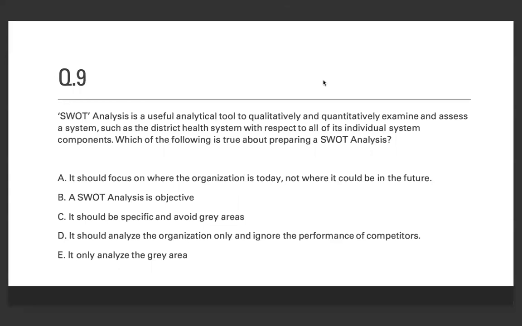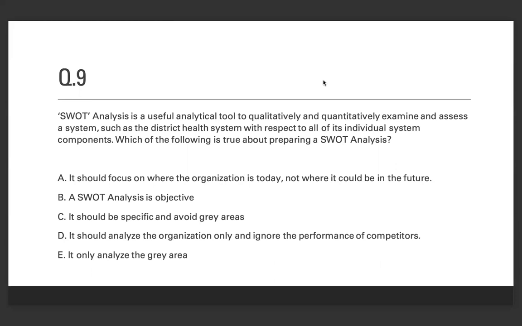Question number nine. SWOT analysis is a useful analytical tool to qualitatively and quantitatively examine and assess a system such as the district health system with respect to all of its individual components. Which of the following is true about preparing a SWOT analysis?